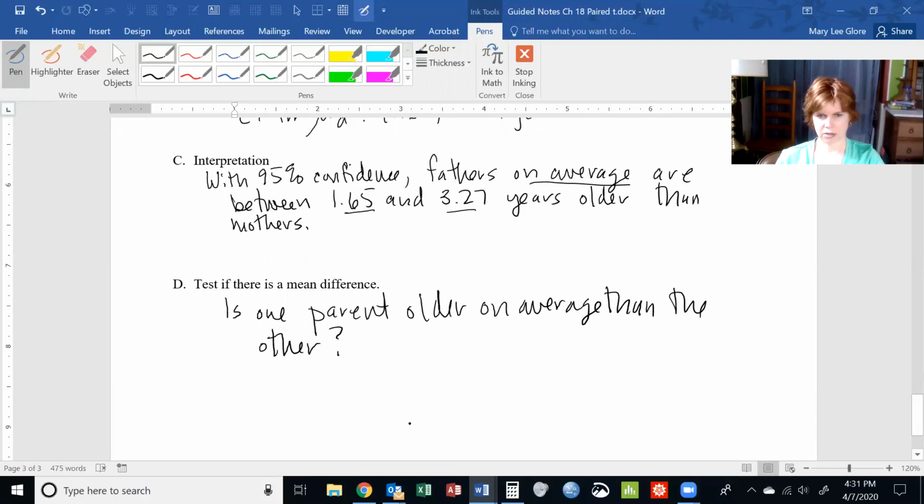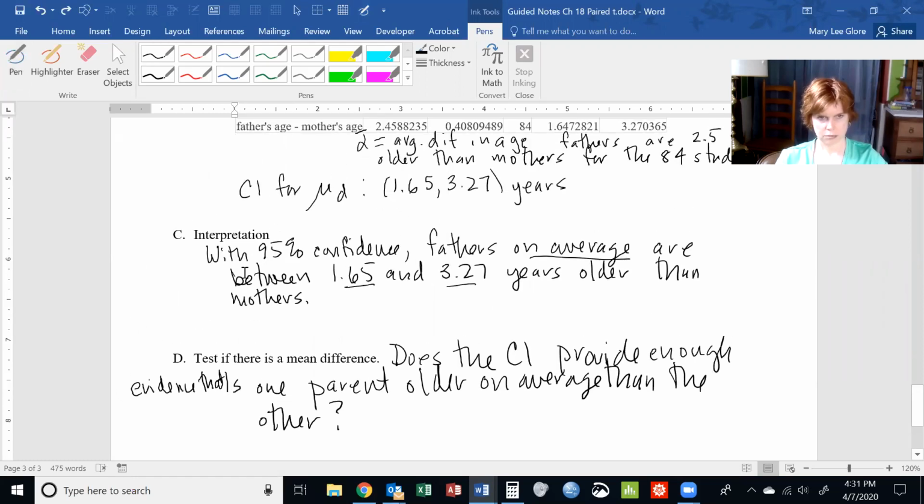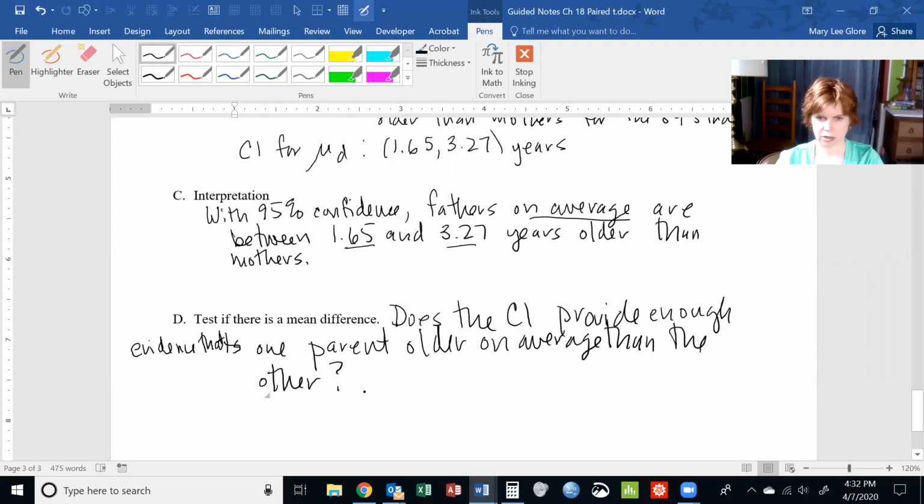Does this provide me strong evidence of that? Does the confidence interval provide enough evidence that one parent is older on average than the other parent? And the answer is yes.